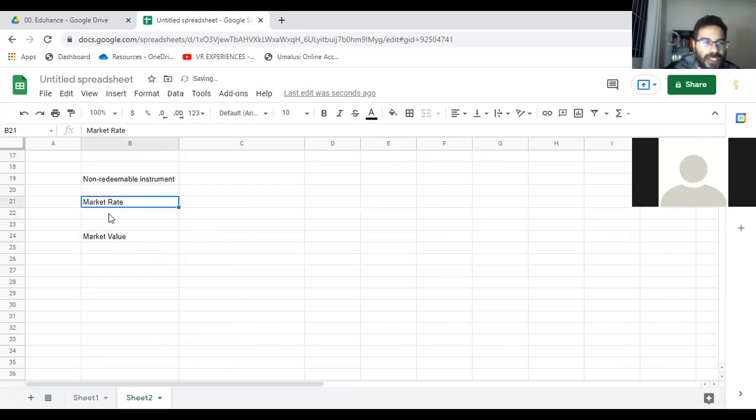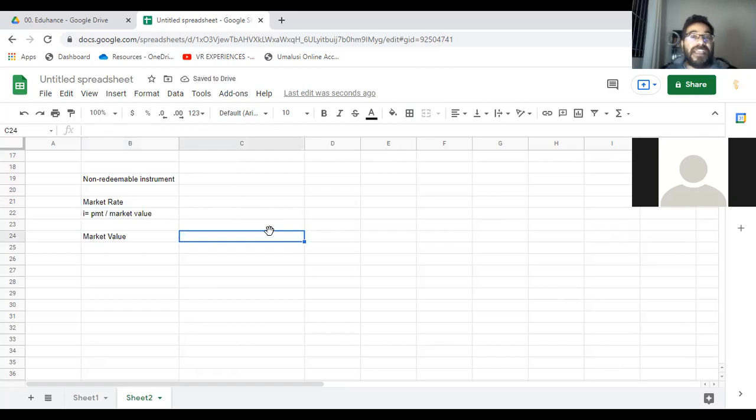So for market rate, KD or KE, but I'm going to call it I. So I, the market rate, equals PMT divided by market value. Okay, so just take note of that. That's the formula. If there is no specified date of repayment, we have a non-redeemable instrument, and for a non-redeemable instrument, we use the perpetuity formula.